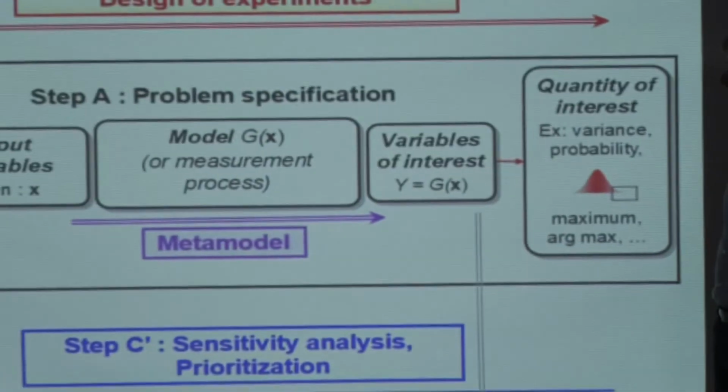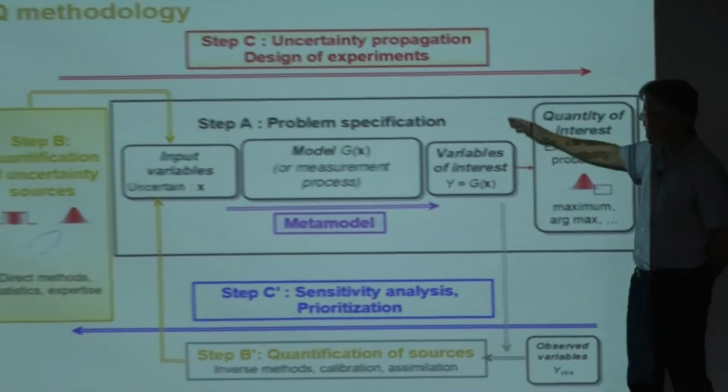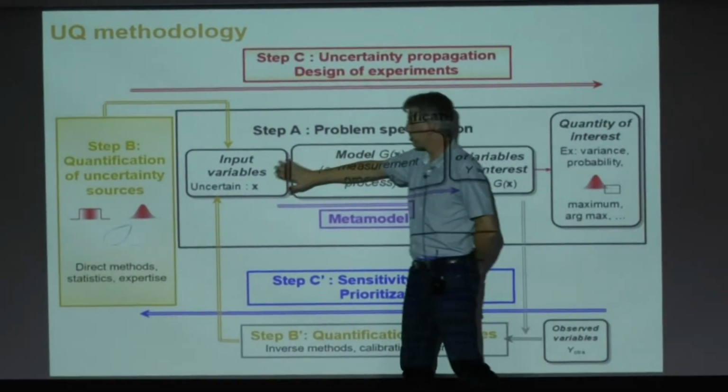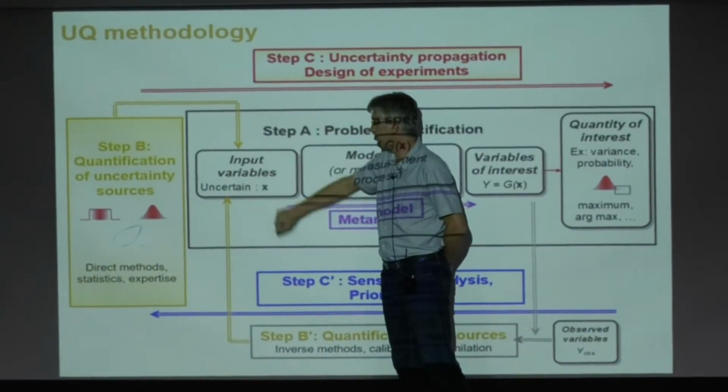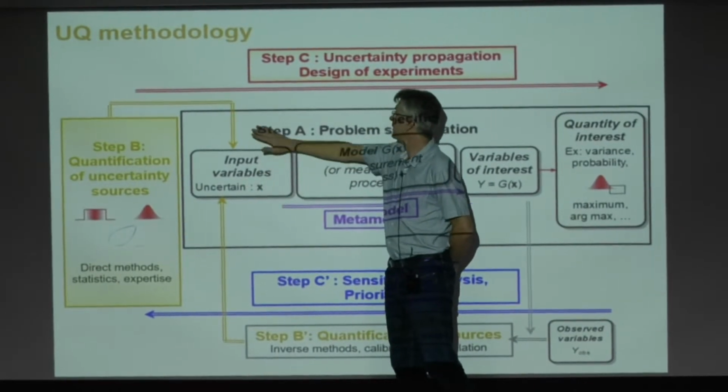Okay, so I recall my main figure. My main figure is the following. I have some inputs with uncertain probability distributions.